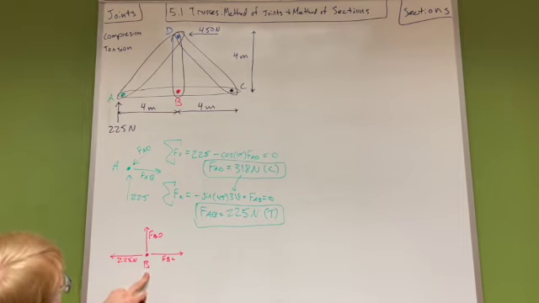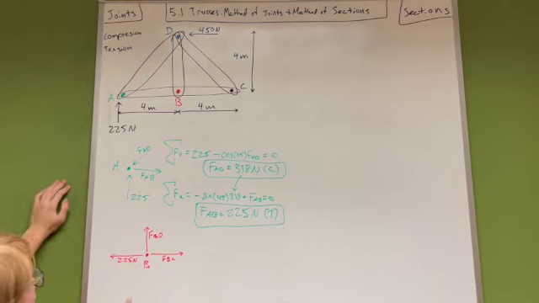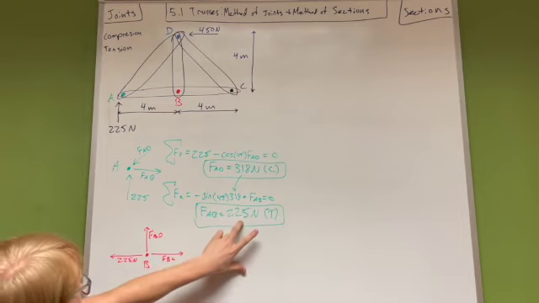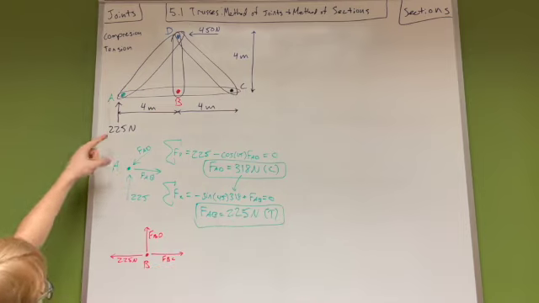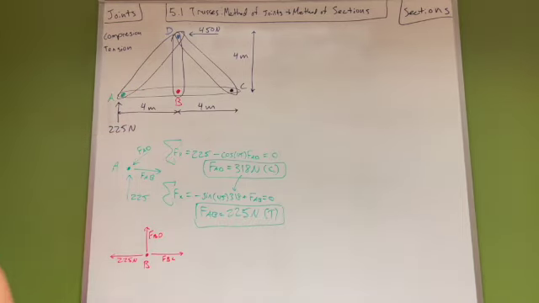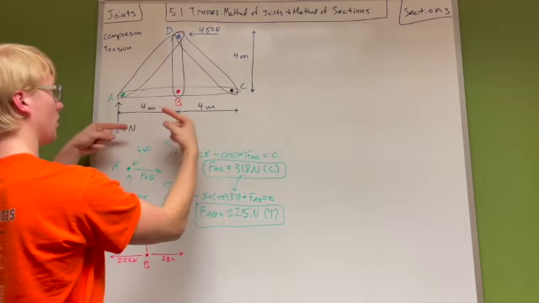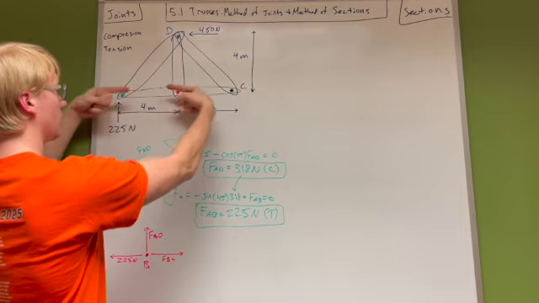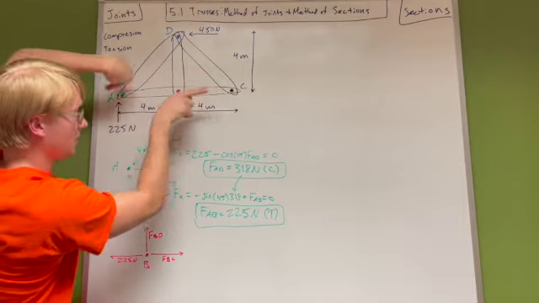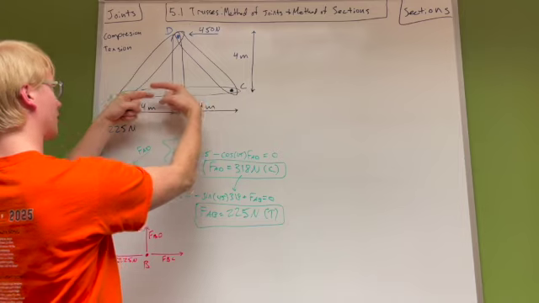Okay, so I just drew the free body diagram of point B. And so I started with this 225. We know FAB is 225, and it's going this way when you look at A. So this beam is going this way, which means there's an equal and opposite force over here. The forces across a truss are either like this or like this.